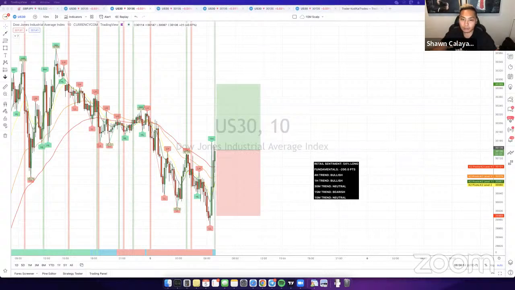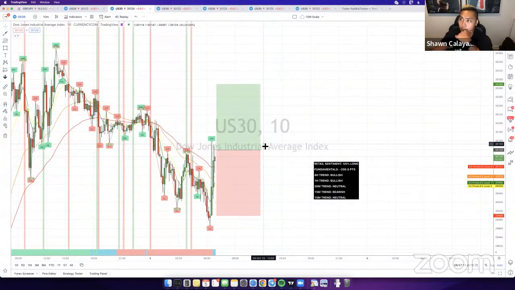I could probably take it with a smaller lot size and just let it run. No, it doesn't look like it's gonna close. So I'm trying to figure out what lot size would I use. Since I use 100, I should probably use 10.